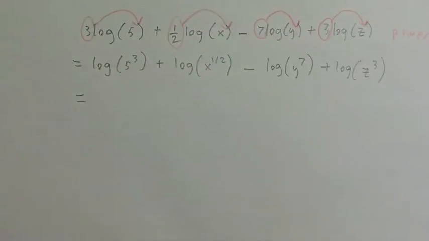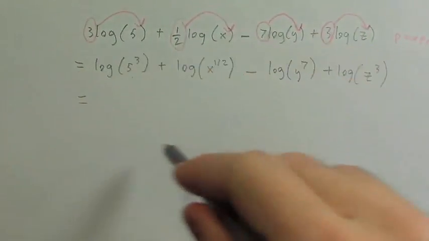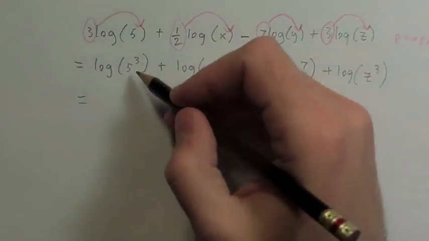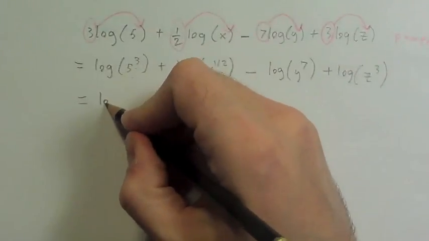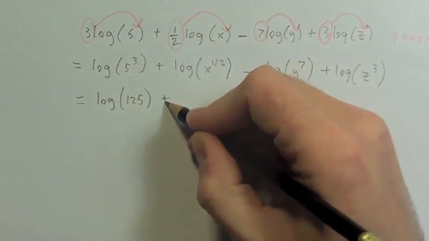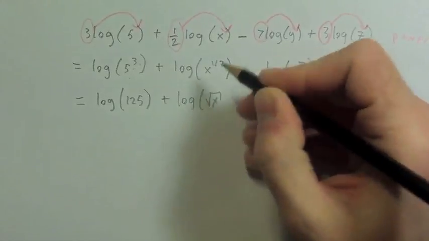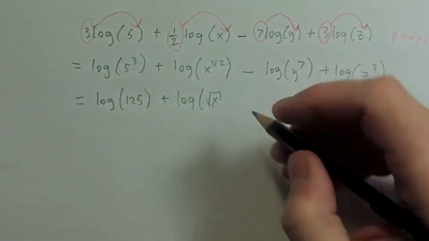Alright, so now 5 cubed, remember we're trying to bring this into a single log. So 5 cubed is 125, so this will be log of 125. This I could rewrite as log of square root of x, or you could leave it as x to the 1/2.